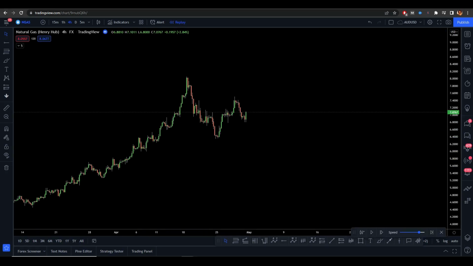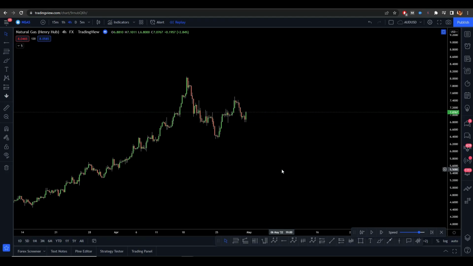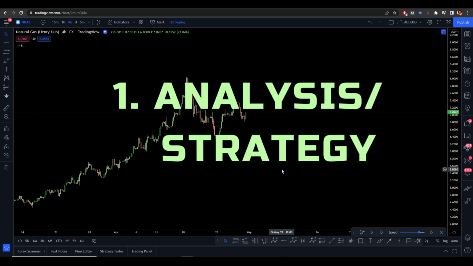So let's take a look at an example here. Let's deconstruct what a bull flag is, or a bull play, and how we should approach trading setups and plays in general. It's all about having a layered complexity approach to trading. When building a trading play, you start from the analysis, which is your strategy, and this is where you create a contextual framework.